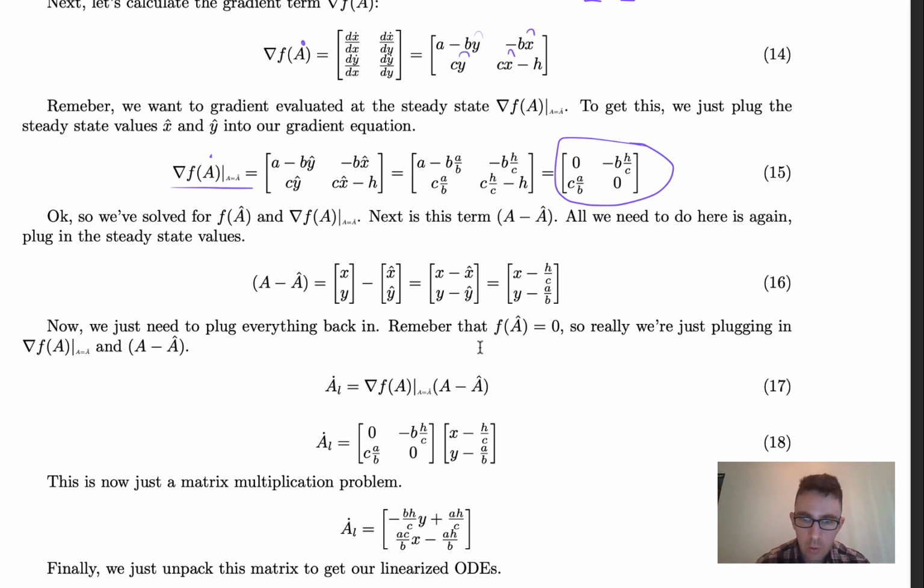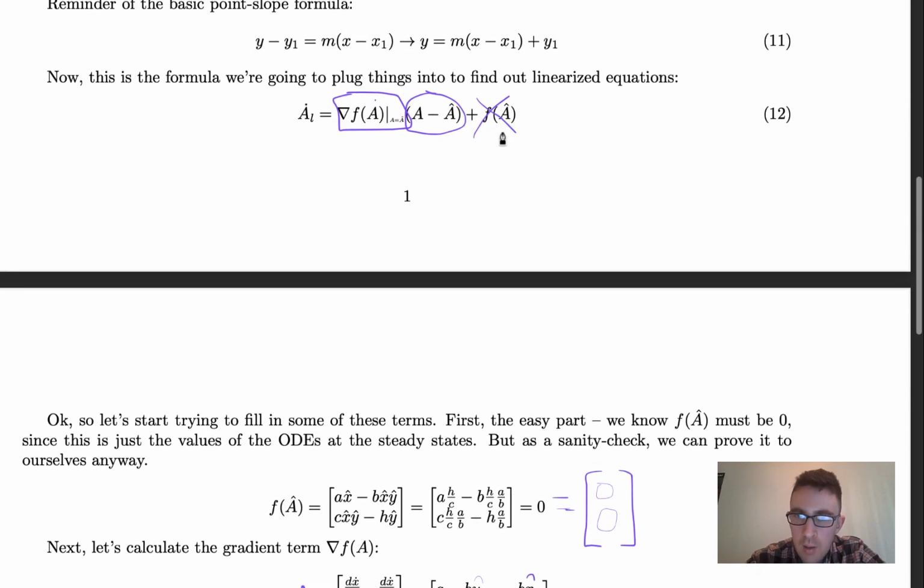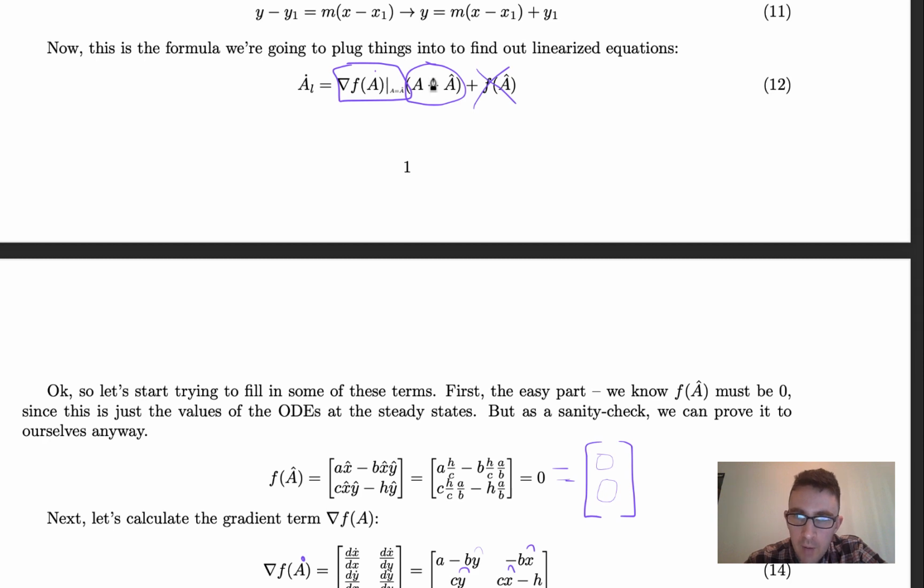Okay, so at this point, we've figured out what we're going to be plugging in for all of our terms. So again, we're plugging in nothing for this last term here because this is just equal to 0. And then we have a matrix we're going to be plugging in for this gradient term here. And then we have a column matrix we're going to be plugging in for this term here.